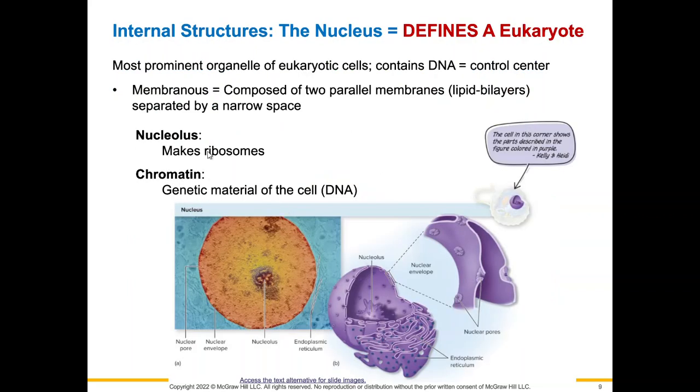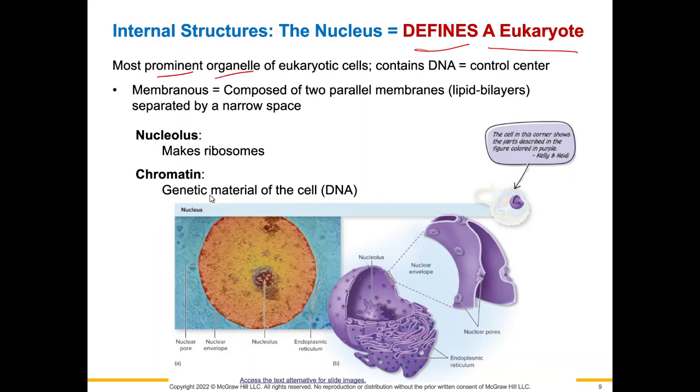All right, our next structure that we should be familiar with is the nucleus, and this is what defines a eukaryote. All eukaryotic organisms have a nucleus, while prokaryotic organisms like bacteria do not. This is typically going to be the most prominent organelle of eukaryotic cells, and it contains DNA.